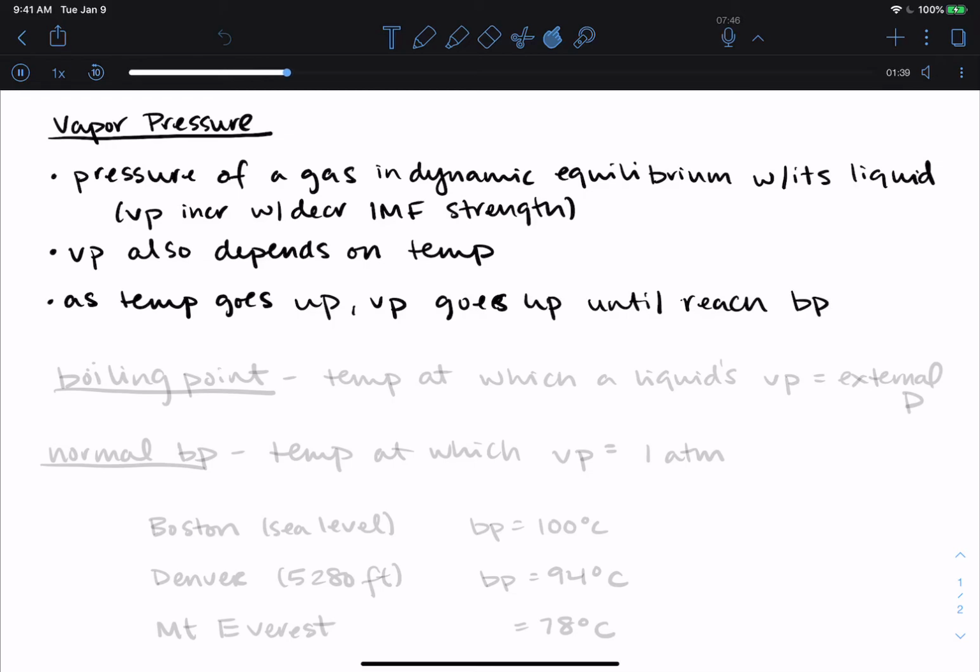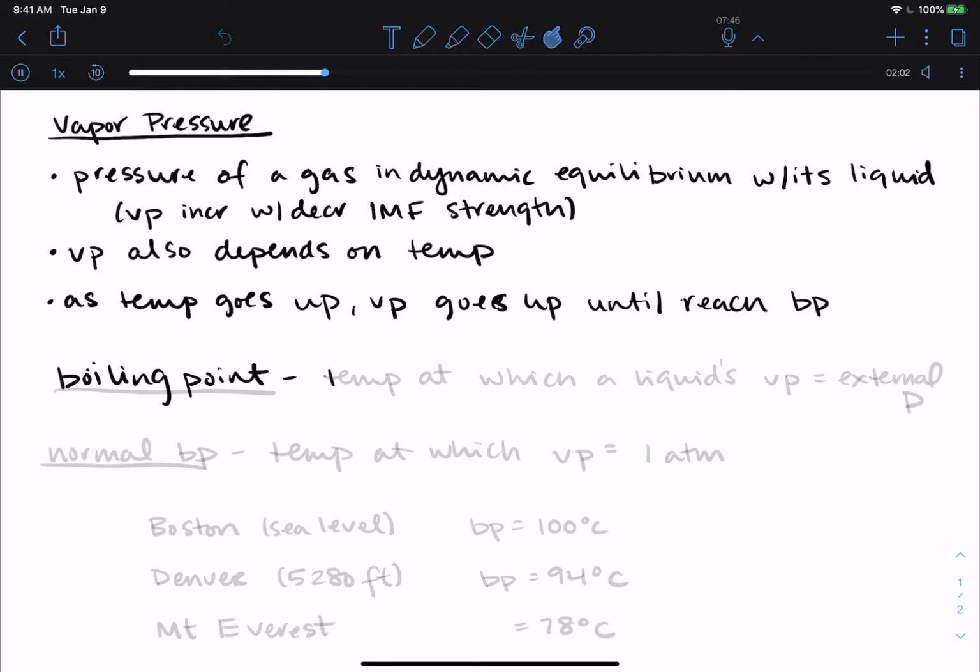And I am now going to give you a definition of boiling point, which you probably never thought that you needed. It's the temperature at which things boil. But it actually has a formal definition. So I'm going to give you a definition for boiling point and then also for normal boiling point.